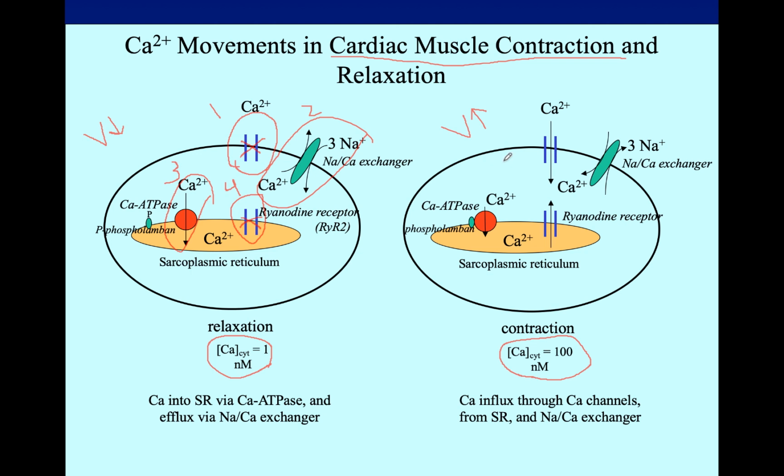So you'll see that over here in this example. But for now, when voltage is low, the calcium channels are closed. Calcium stays on the outside of the cell or stays stored in the SR. So that's transporter 1 and transporter 4.